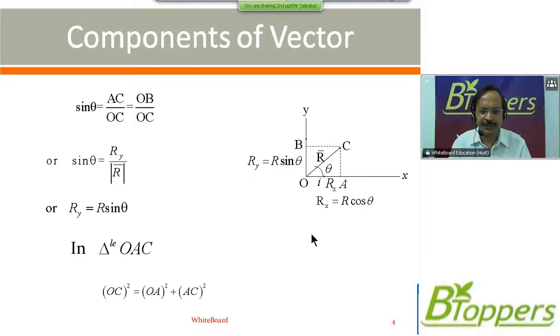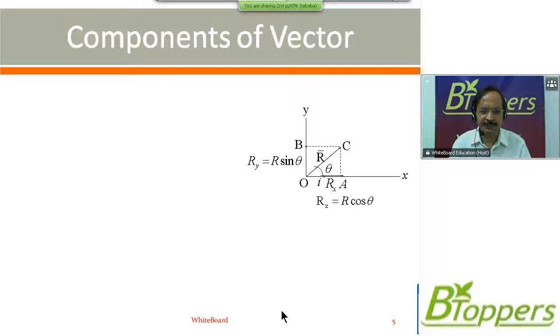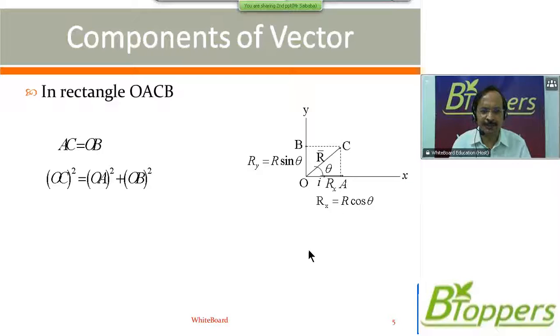In the same triangle OAC, if you apply Pythagoras theorem, you can write OC square equal to OA square plus AC square. In the rectangle OACB, length of side AC is the same as length of side OB. Now we can write AC equal to OB.